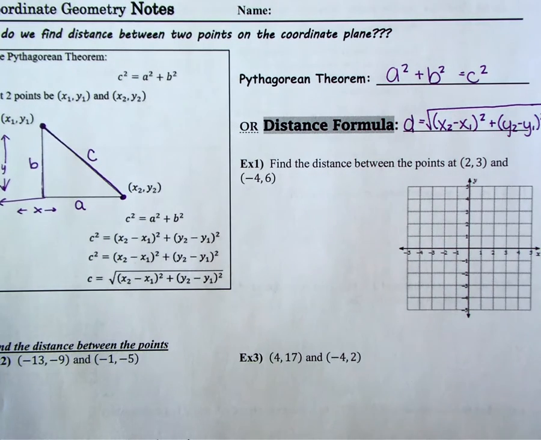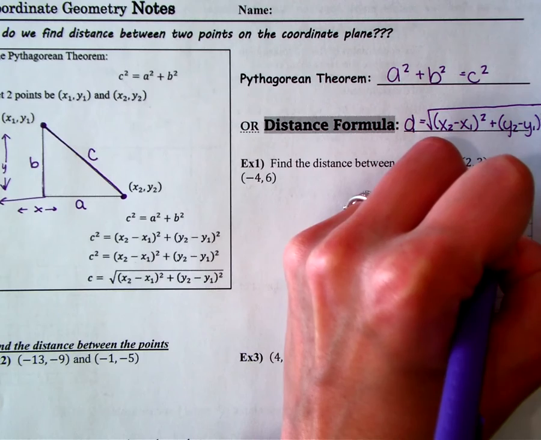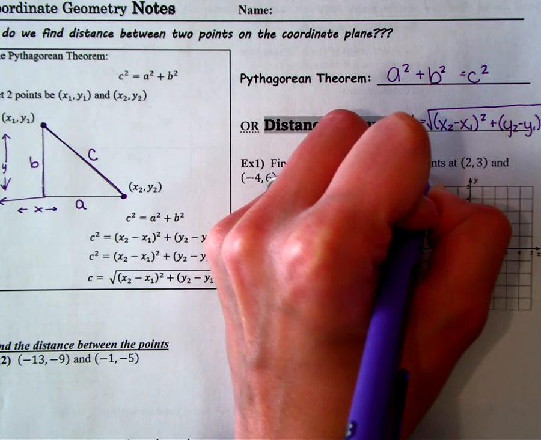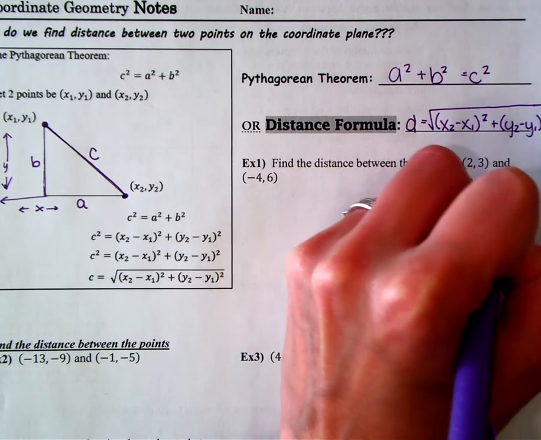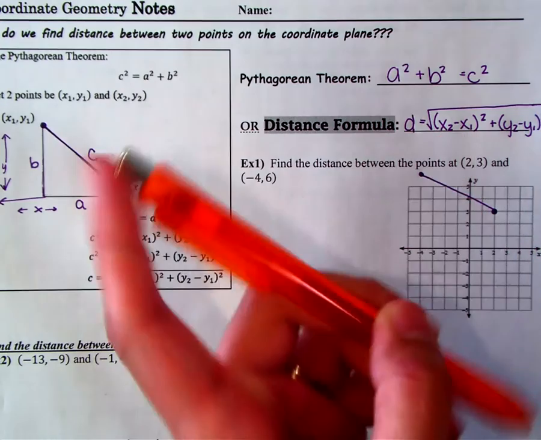In example 1, find the distance between points at (2, 3) and (-4, 6). We're a little bit off the grid. Basically what we want to do is make a right triangle.